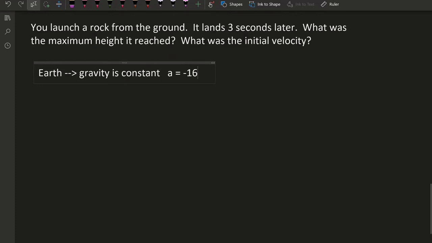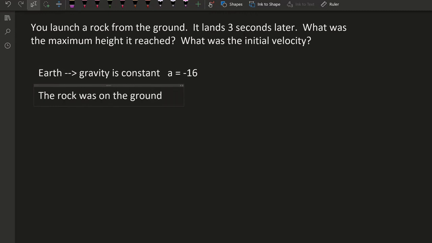And that's a very key fact for solving this. So here's the other thing. I know that it's going to land on the ground 3 seconds later. So that means I actually know two things. The rock was on the ground at 0 seconds and 3 seconds.